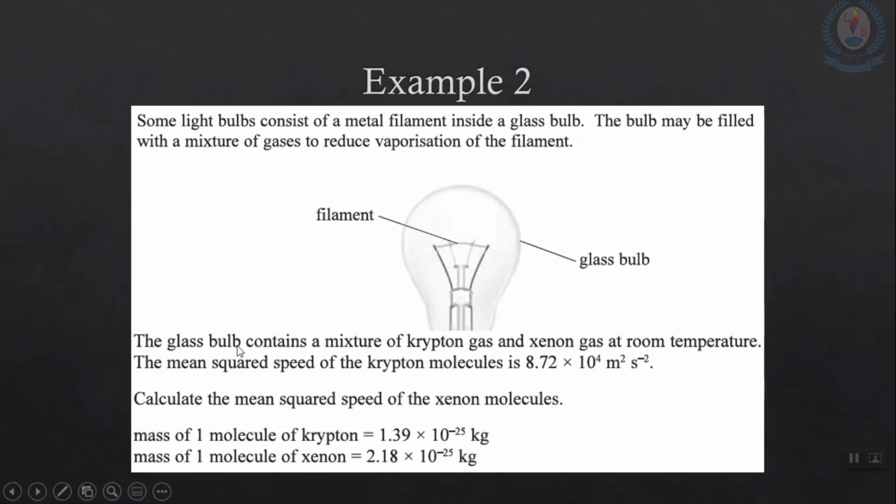The bulb contains a mixture of krypton and xenon. Right? The mean square speed of the krypton molecules is given. Calculate the mean square speed of xenon molecules. Mass of one molecule of krypton is given, mass of one molecule of xenon is given.